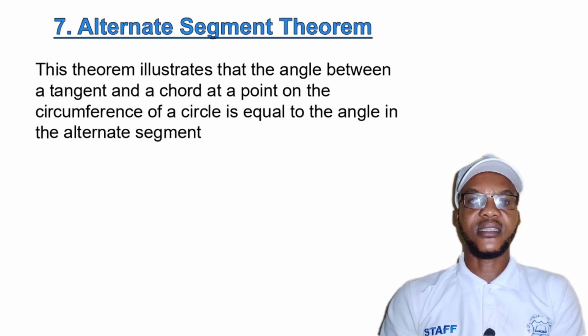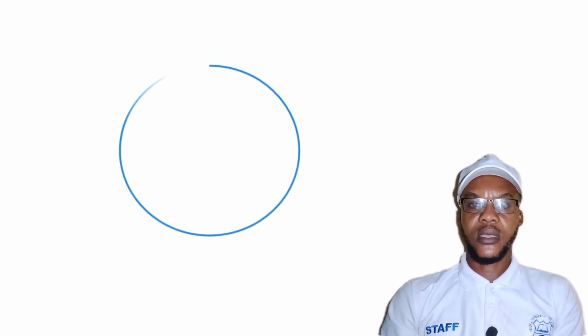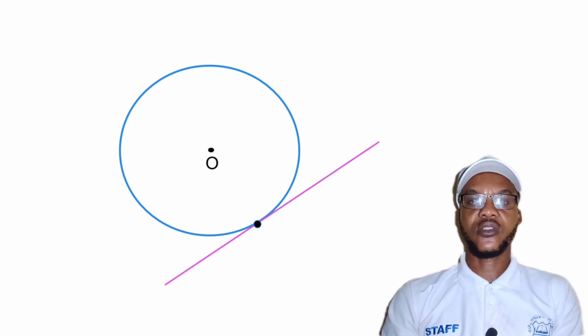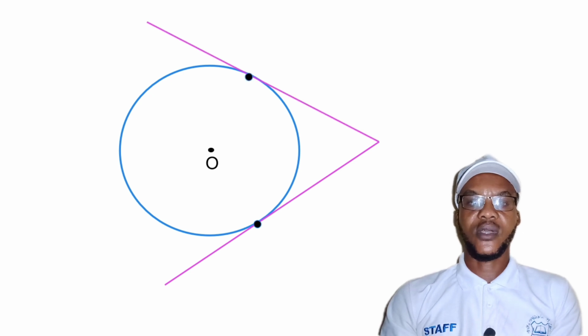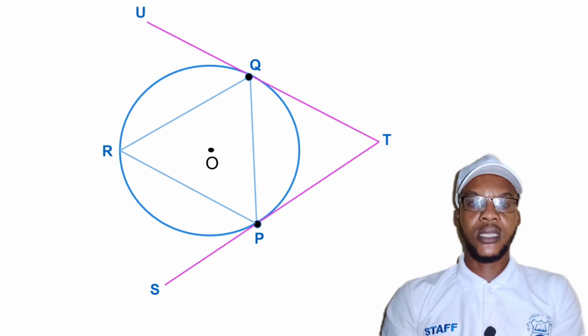But let's take this diagram and look at what we are trying to say. If we draw this circle with our center O, then we have these chords.